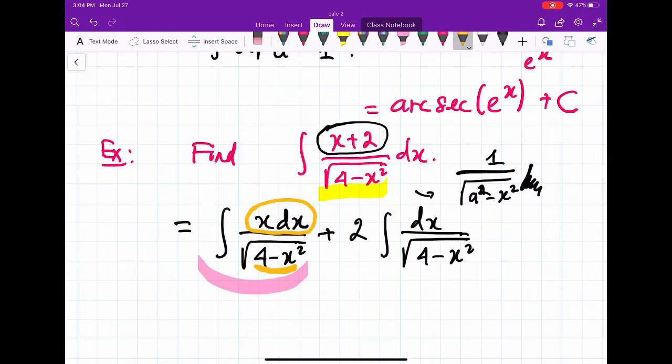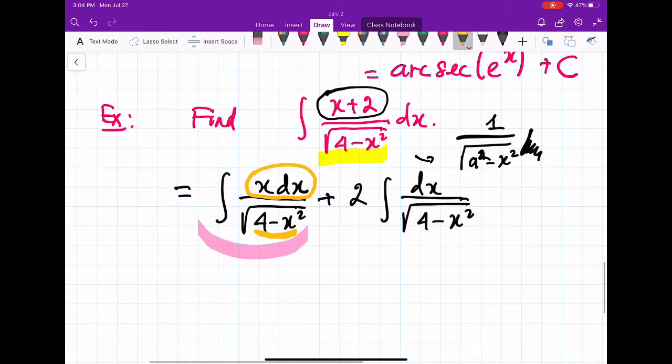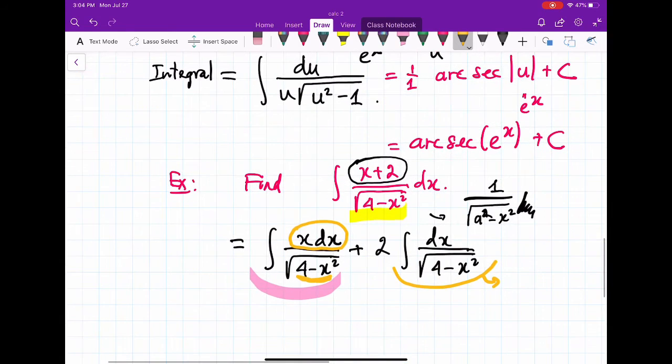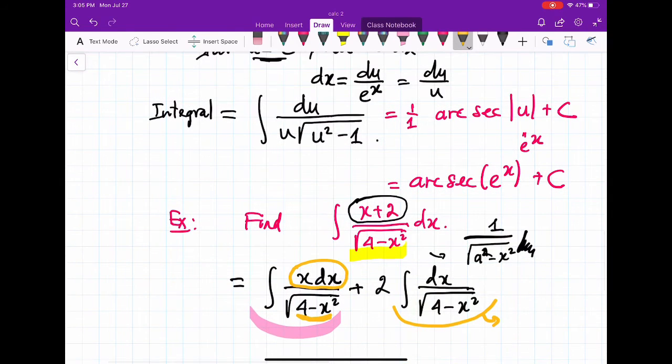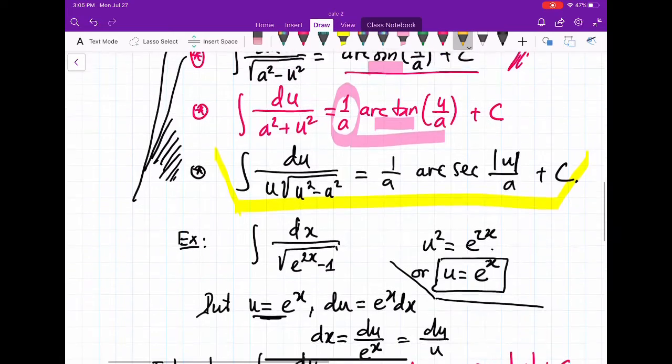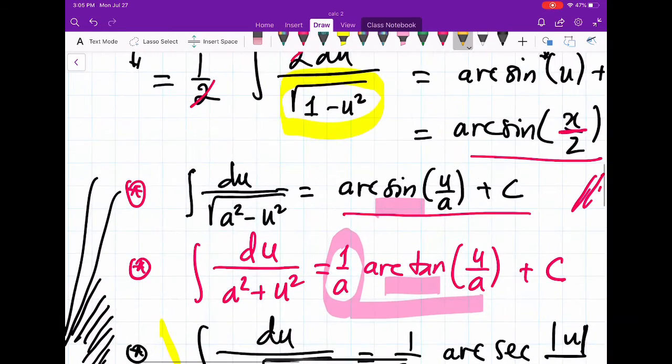We solve many problems like this in Calculus 1 and even in this course, right? The second integral looks really good to me because this is of the form we know from here. You see? We know from here. And that is about this. You see?